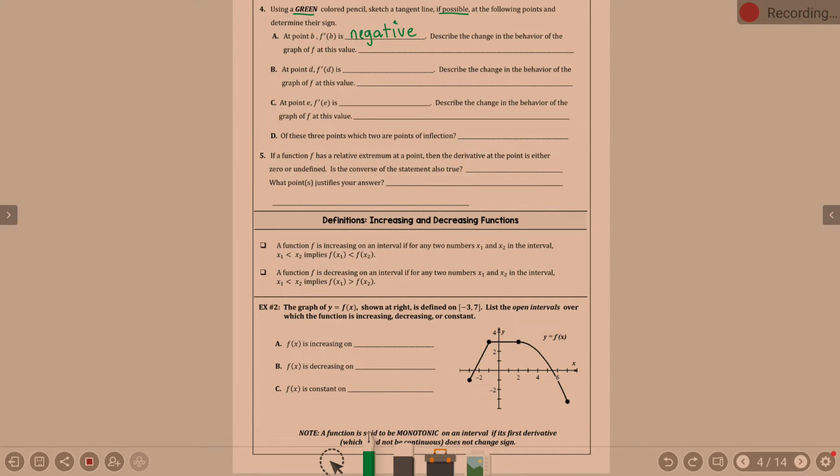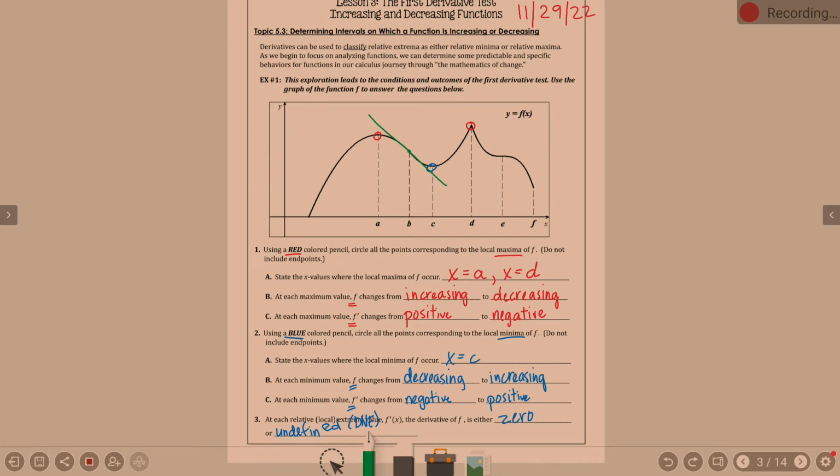Describe the change in behavior of the graph of f at this value. And this leads a little bit into what we'll talk about with second derivatives. It's not a min, it's not a max. The graph isn't changing from increasing to decreasing. The graph is changing from being upside down to right side up.